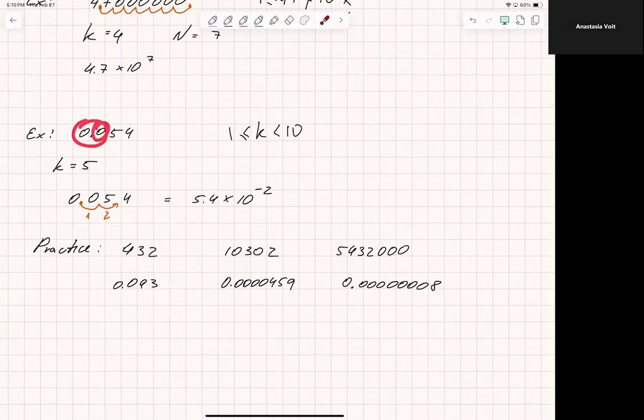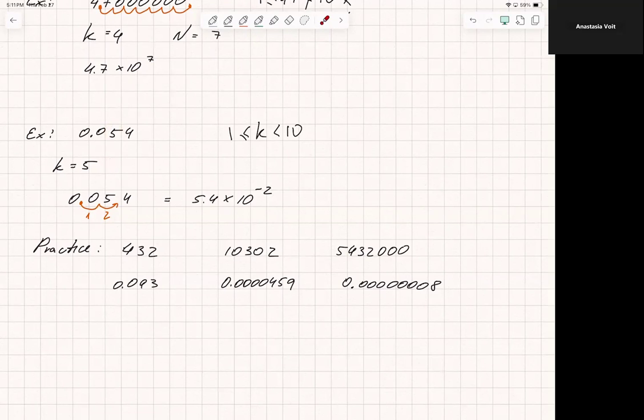Then 0, 0 also cannot be k because it again is less than 1. But this 5 can be a k, because it's between 1 and 10. 54 cannot be k because it's greater than 10. So 5 is a choice for our k.